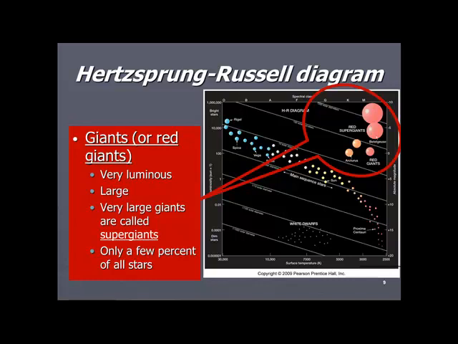If they're really, really large, then they're called supergiants. Because they're cool, they're called red giants. They have the red color because they're on the right-hand side of the graph. And then because they're big, that's why they're called giants.